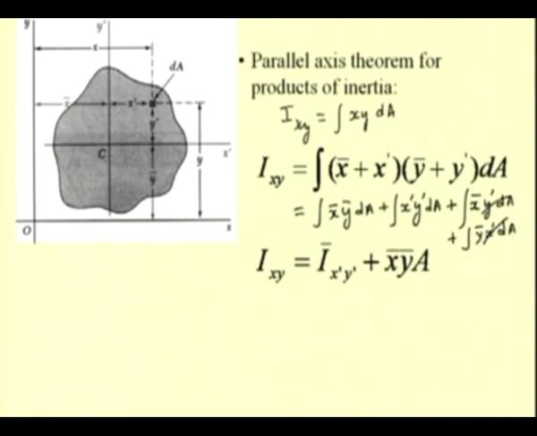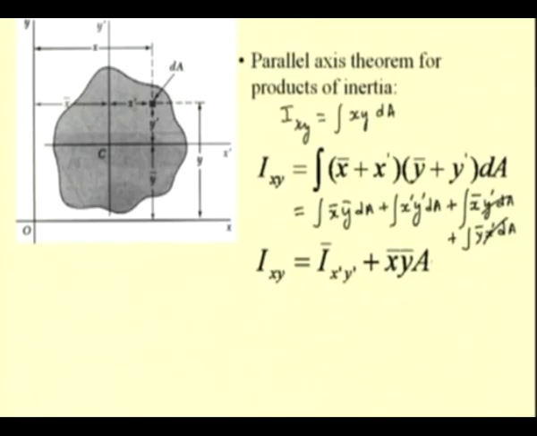We saw that in case of the second moments, the quantity is always positive, because we have y square or x square, and so whether the element is in the positive or negative direction of a given axis, the quantity is always positive. But in this case, this quantity is positive or negative depending upon the sign combination of the location of this centroid with respect to the axis that we have considered, that is the xy axis.